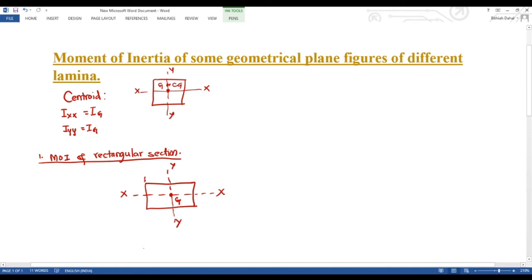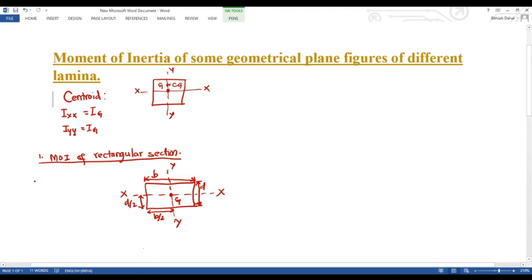Now let me say that the length of my rectangular section here is width B, and this is the depth of the section D. If I point out this distance from here to here, it is B by 2, and this distance from here to here is D by 2.